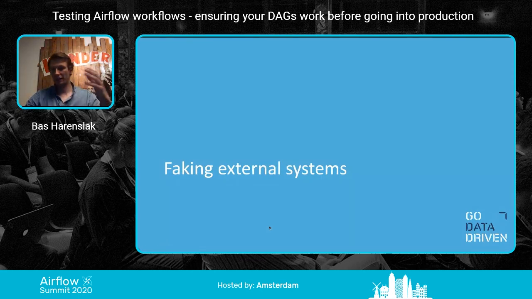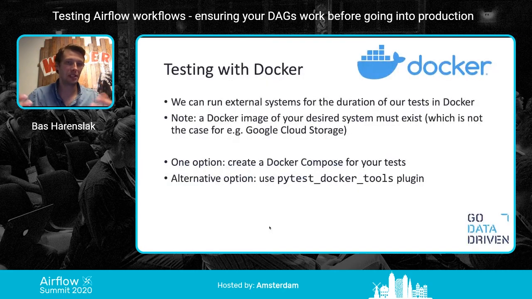So sometimes you can go up to mocking a lot of stuff, but sometimes it's just more convenient to work with a real system. I think this is where the power of Docker comes in. So what you could do, there's different ways to do this.